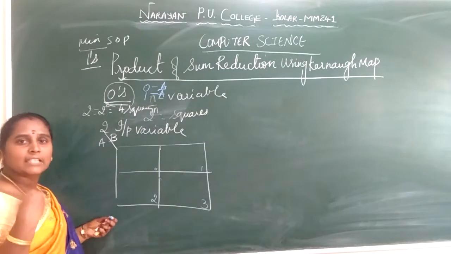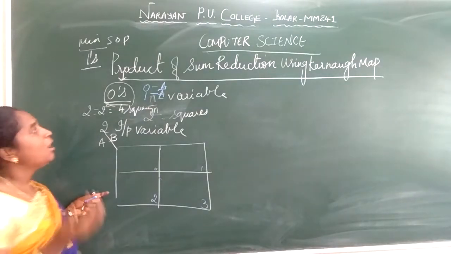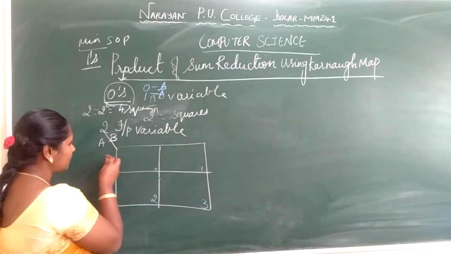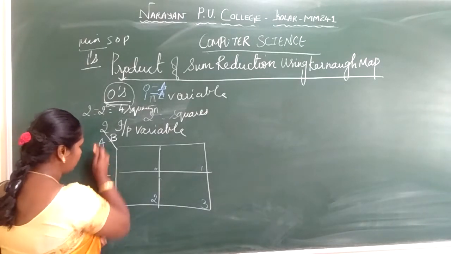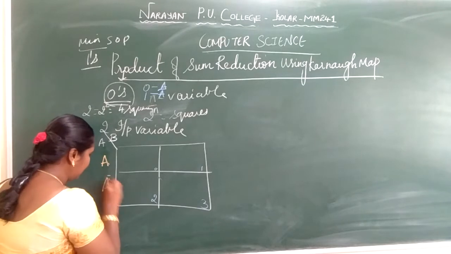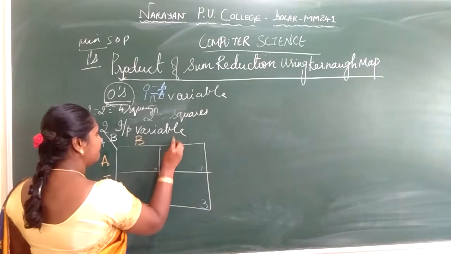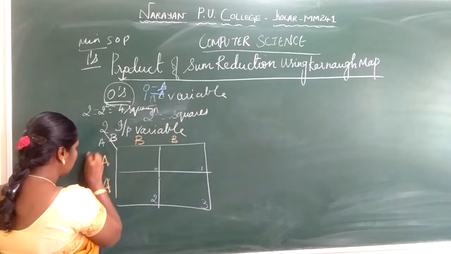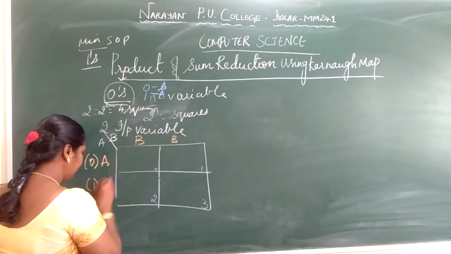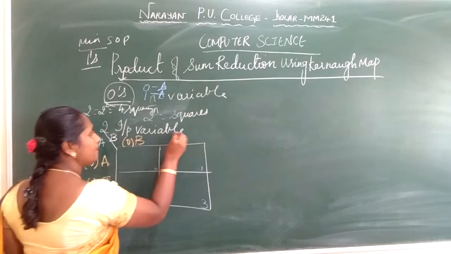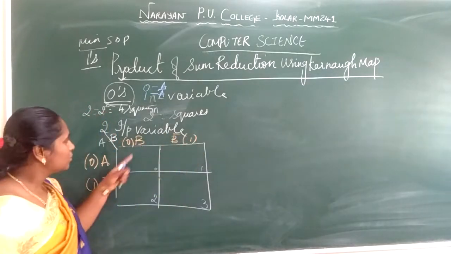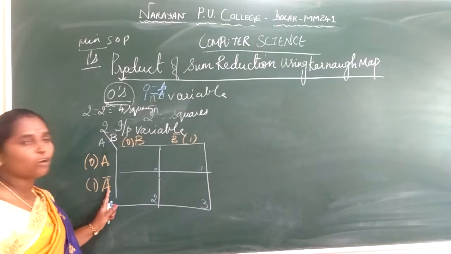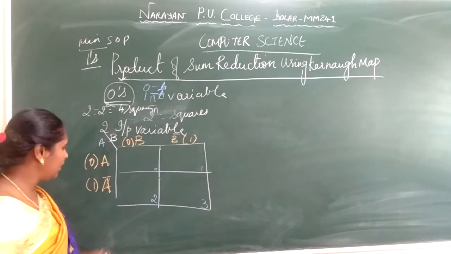That is, 0 means the variable as usual, and 1 means you take the complemented variable. So here it is A bar, B bar. 0 means it is as usual, uncomplemented, and 1 means you take the complemented variable.